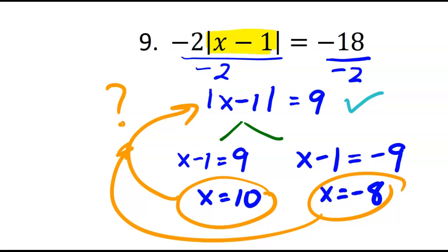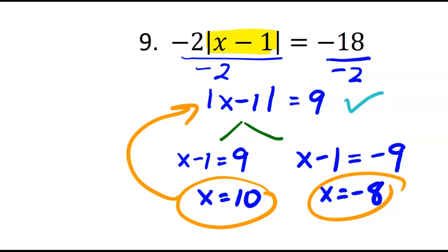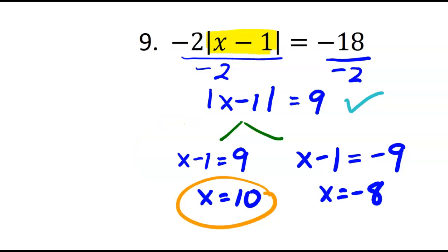So 10 minus 1 is 9. That's fine. Negative 8 minus 1 is negative 9, but absolute value of negative 9 is 9. So those are good. So now I've checked them. So now I can say these are my two answers for this particular problem.